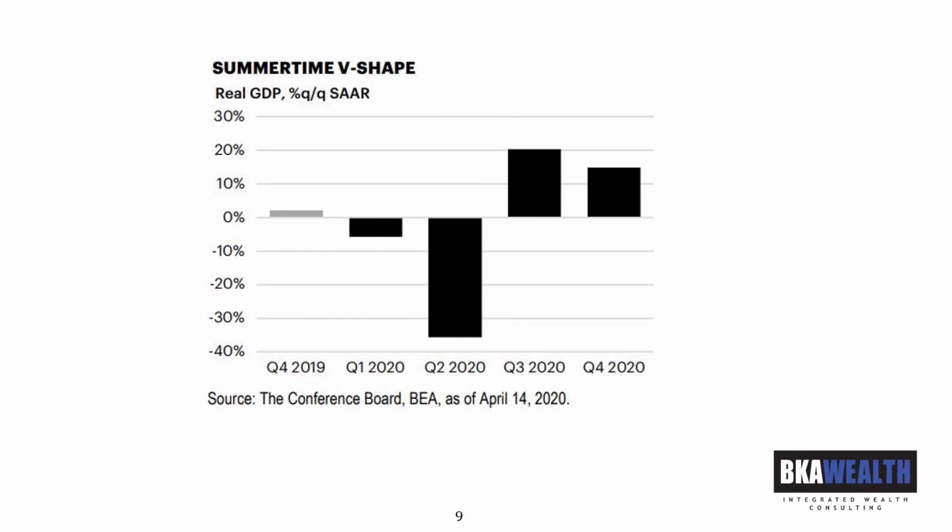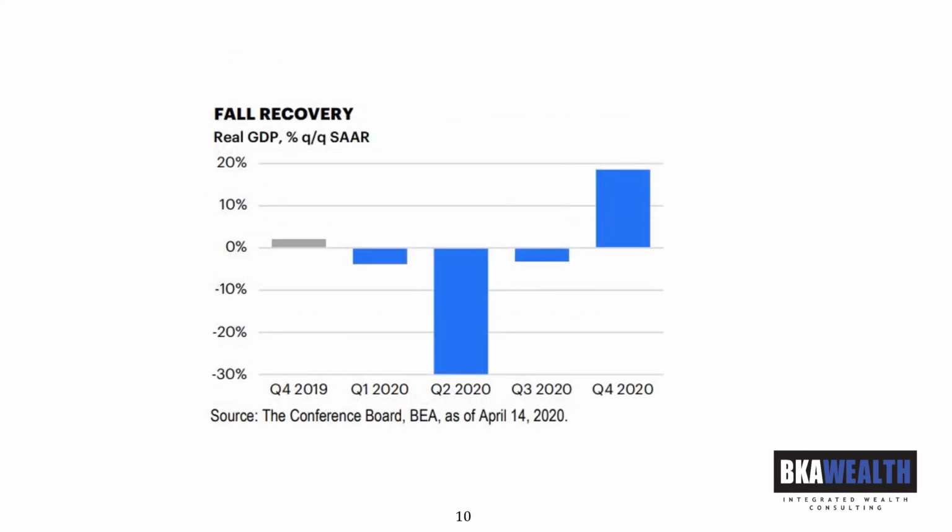And I'll contrast that with the fall recovery, which does not show as strong a drop in the second quarter on an annualized basis as the summertime version did. But still here, we're dropping about 30% on an annualized basis in the second quarter.